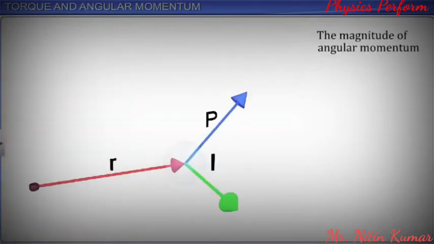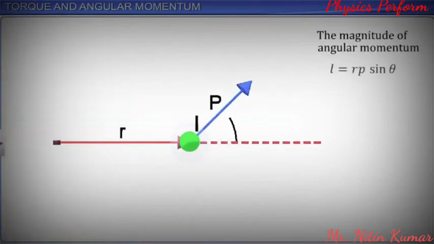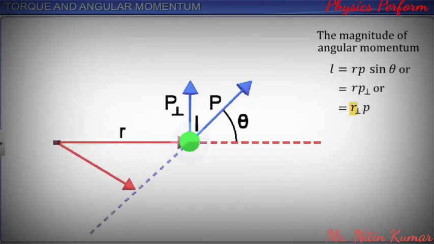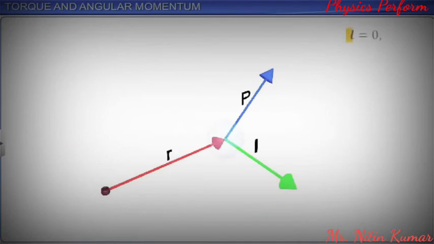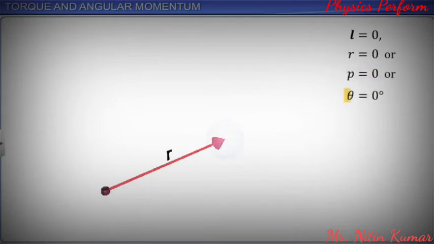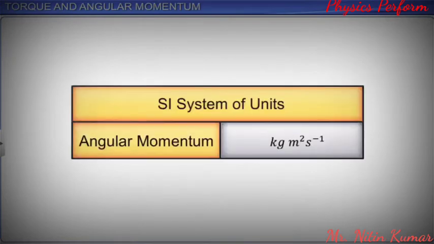The magnitude of angular momentum L is equal to Rp sine theta, which can also be written as R P perpendicular or R perpendicular P. L is 0 when R is equal to 0, or when P is equal to 0, or when theta is equal to 0. The SI unit of angular momentum is kilogram meter square per second.